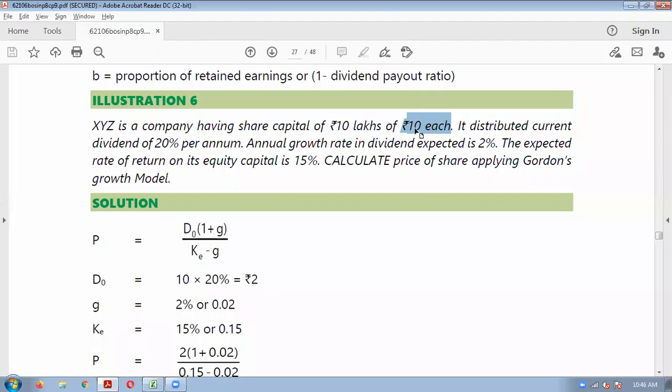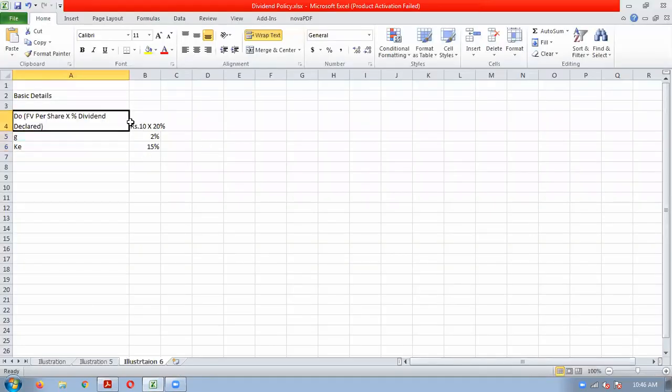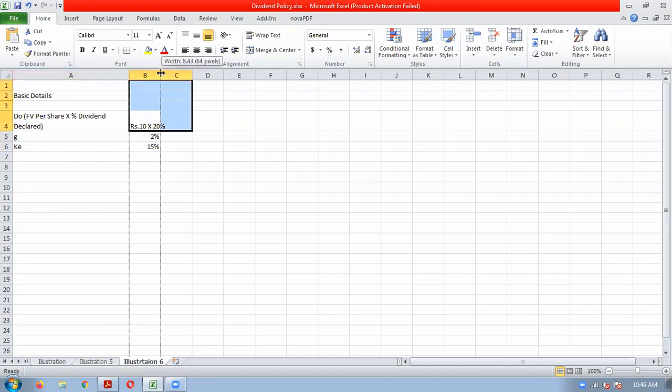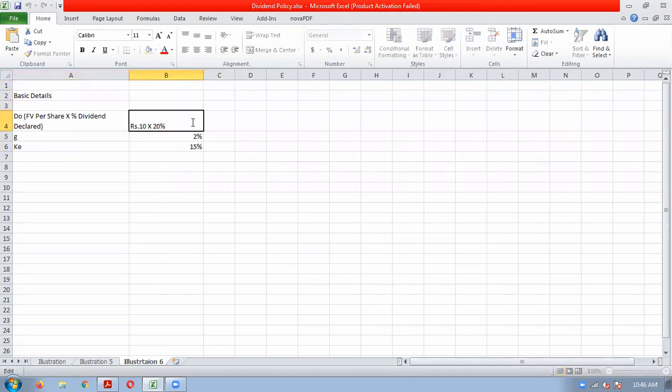Face value is 10 and percentage dividend declared is 20 percentage. So it will be 10 into 20 percentage, which is 2 per share. Rupees 2 per share.